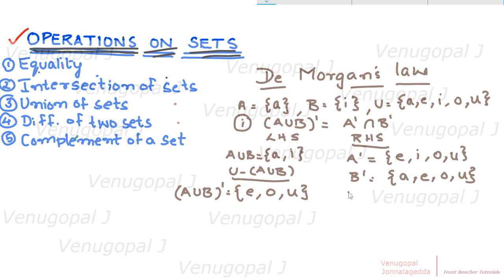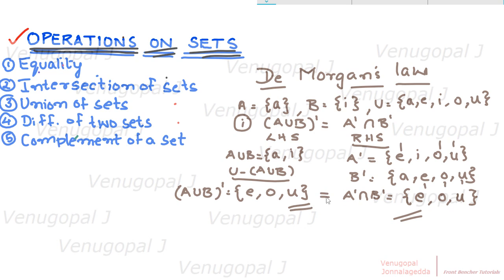So let's now intersect both of them. What is intersection? Intersection is basically only the elements which are common. So what are the elements which are common? E is common, O is common and U is common. So we have elements E, O and U. So we have seen that the LHS is equal to the RHS.